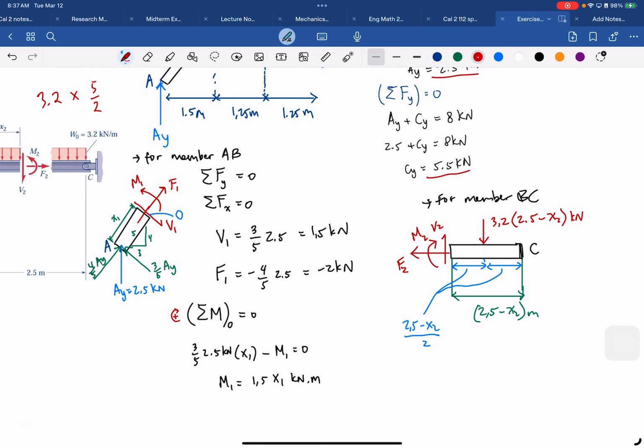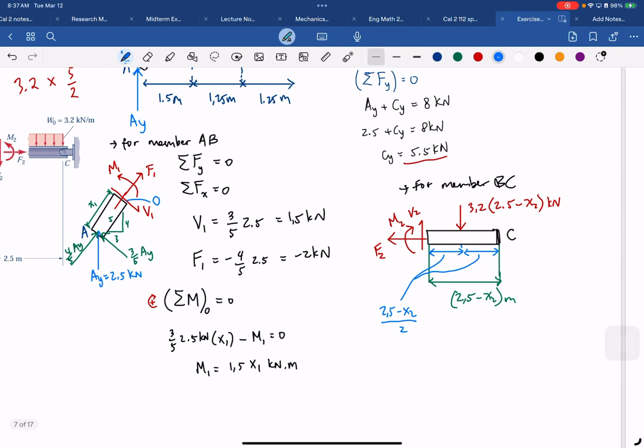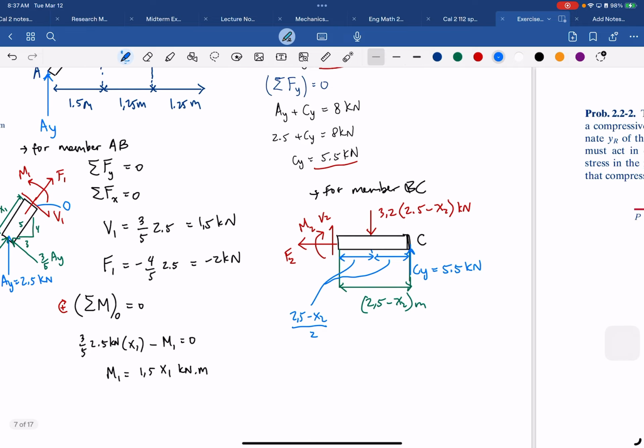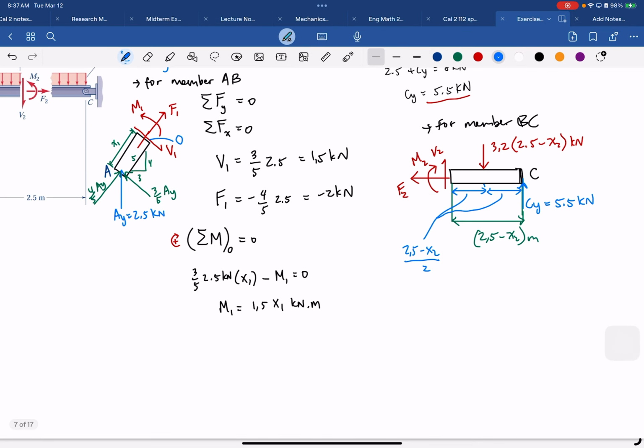Oh, I forgot the C. CY is 5.5, so CY is going upwards. So we have here CY equal 5.5 kilonewton. Now I think everything is in the picture, so we could write the equilibrium.